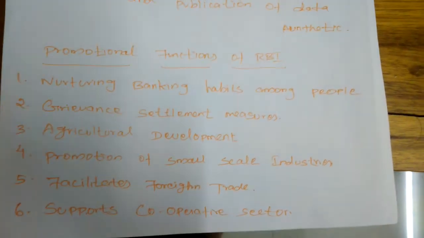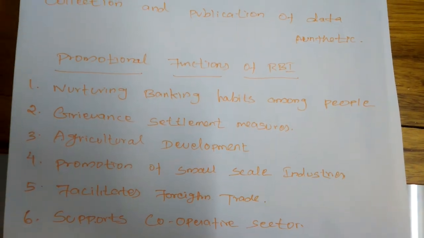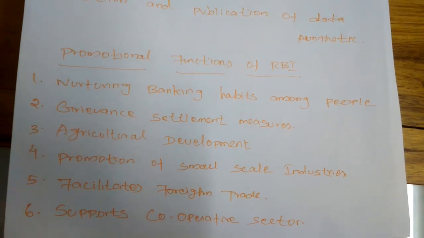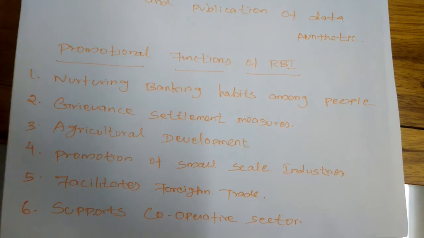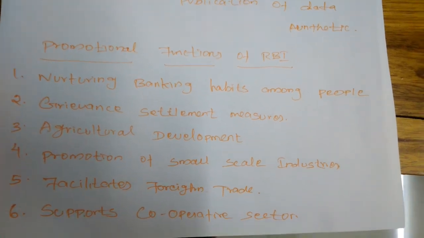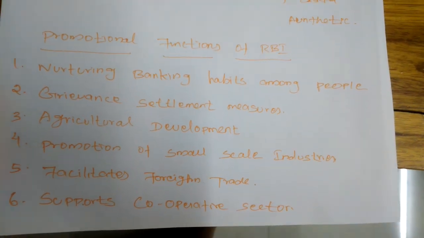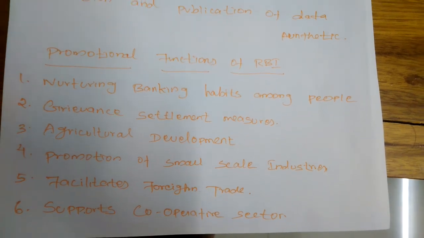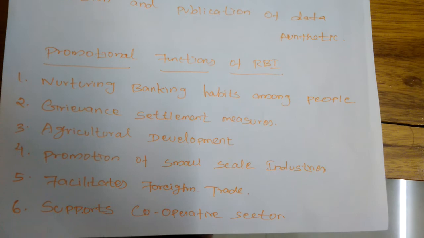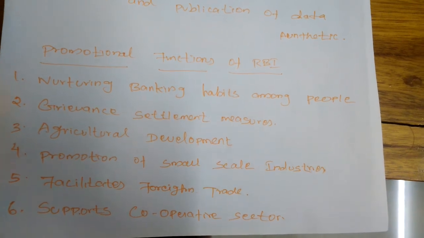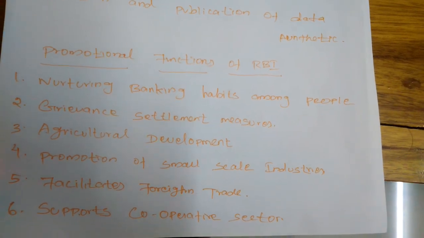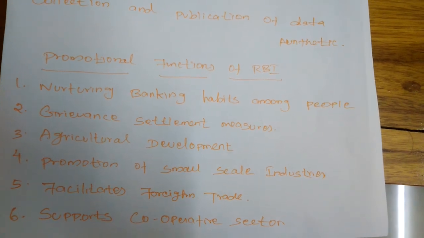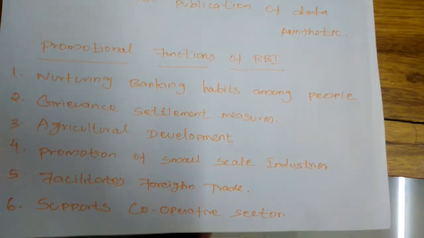When they approach the ombudsman services, the complaints will be settled and satisfaction may be provided by the ombudsman. This ombudsman service is provided by the Reserve Bank of India only. After providing the ombudsman service, the complaints among the customers were greatly reduced.